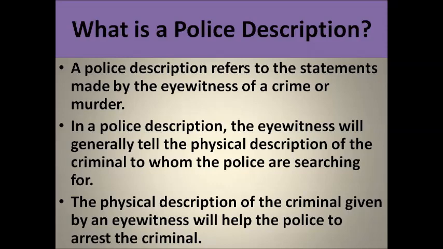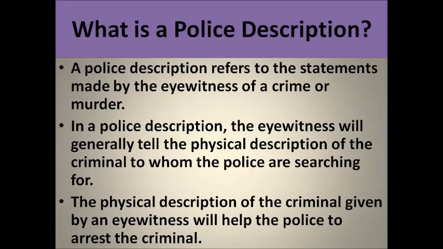Before we discuss the ways of writing a police description, it's important to know what a police description is first. A police description refers to the statements made by the eyewitness of a crime or a murder. In a police description, the eyewitness will generally tell the physical description or appearance of the criminal whom the police are searching for.